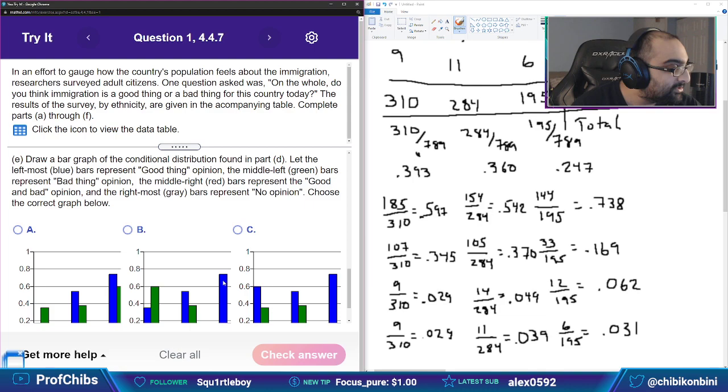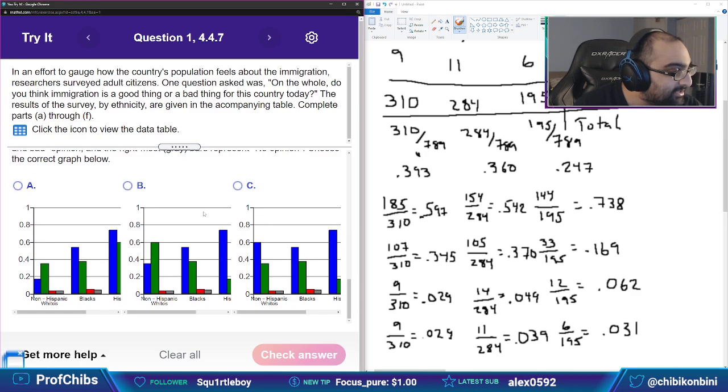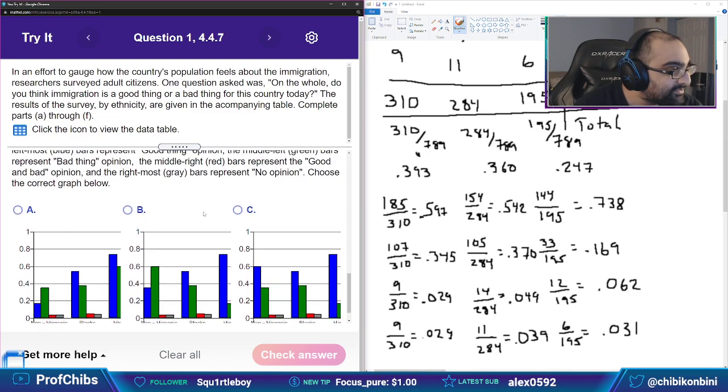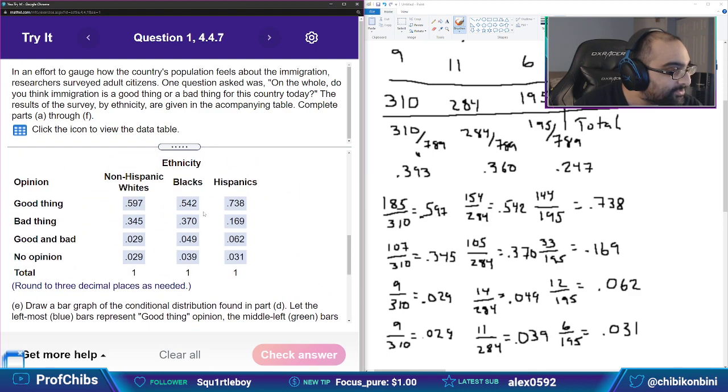See what other questions. Okay, so they may ask you to draw a bar graph of the conditional distribution found in part D. Let the leftmost bars represent a good thing, the middle left green bar represent the bad thing, and the middle right bars good and bad and no opinion. Okay, fine. We just have to pick which one best represents what we see here.